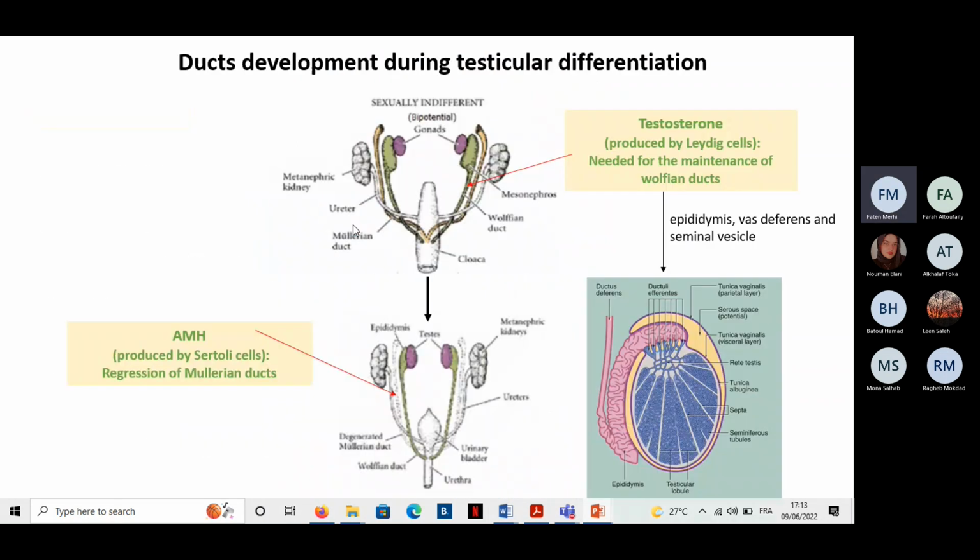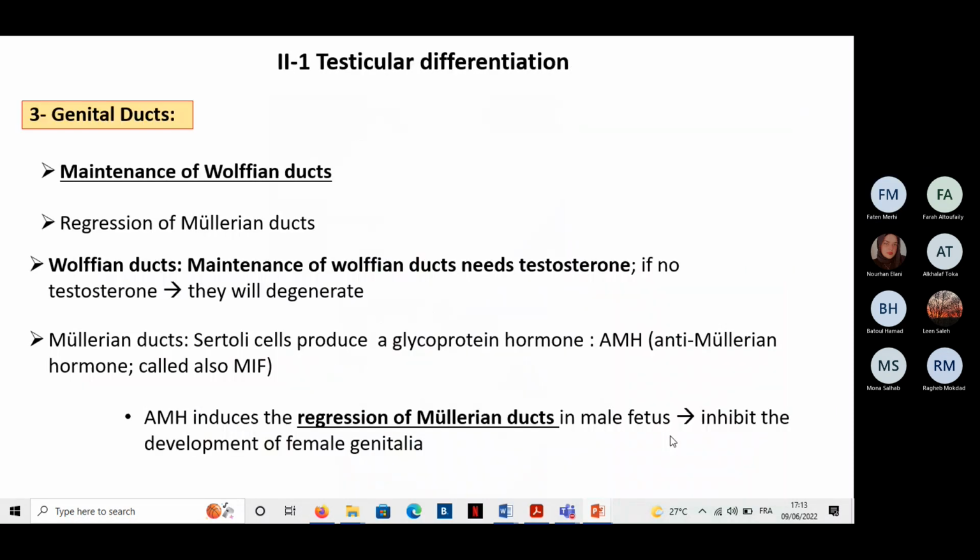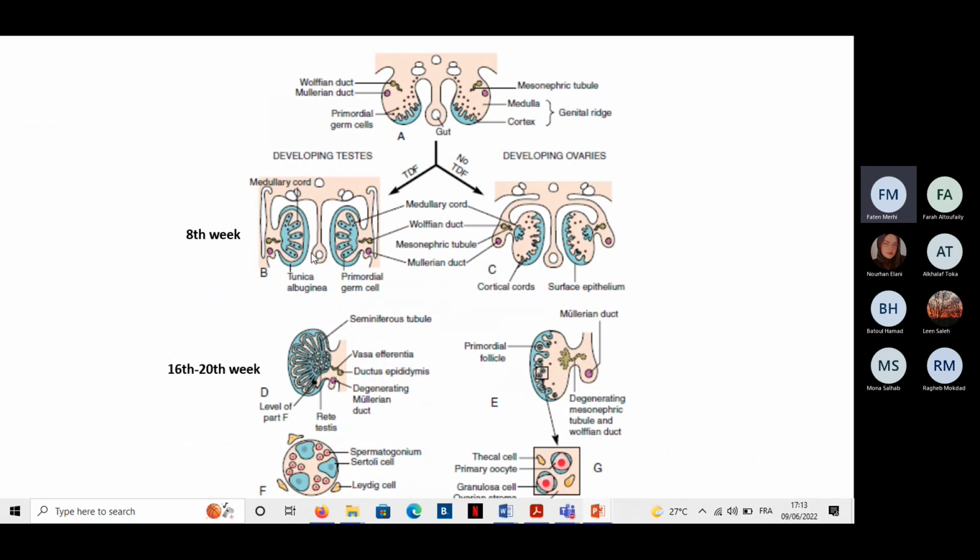If you remember, here we have a longitudinal section of the testis. Inside of the testicles, we have the seminiferous tubules where the gametogenesis will take place. Those sex cords will differentiate to give those seminiferous tubules.